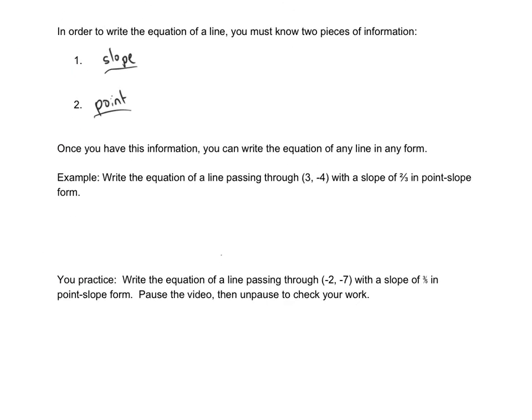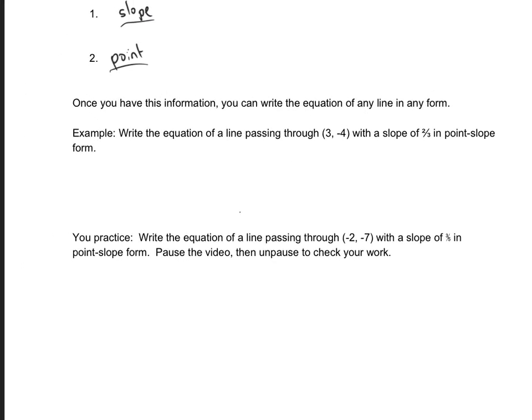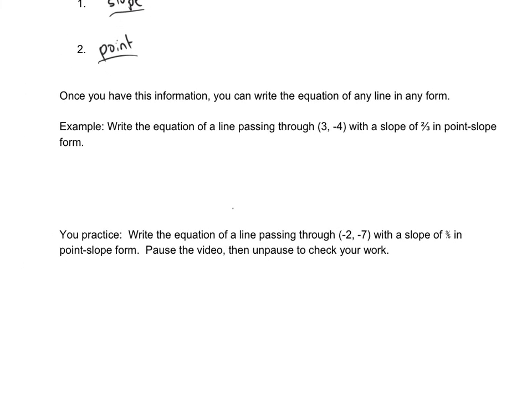All right, so let's do some practice in writing equations of lines. We're going to start with point-slope form, and I'm going to write point-slope form down here again so we can have it in front of us. Point-slope form is the easiest to use whenever you have a point and a slope. Literally, here's my slope, 2/3, that's m. Here's my point, (3, -4).